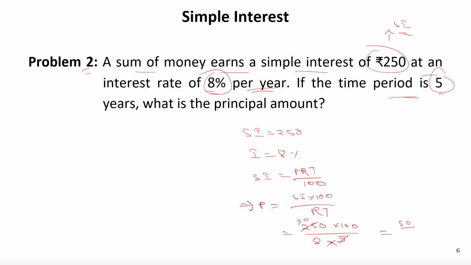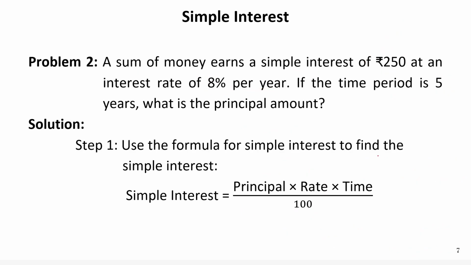So 50 by 8 into 100 is equal to, so this will be 25 by 4, which is 12.5 by 2 into 100, right? So this is nothing but 1250 by 2, which is equal to 625. So 625 must be the principal amount.